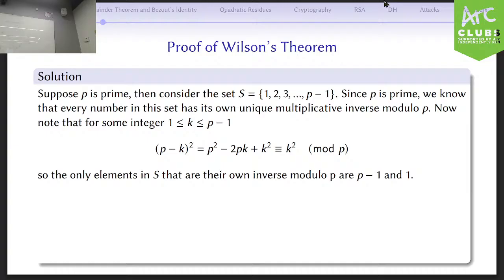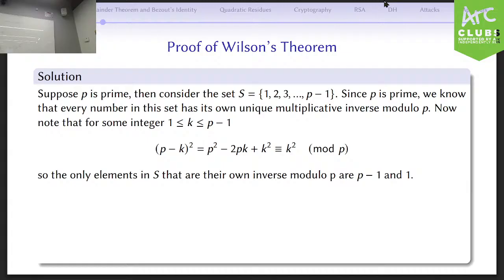This equals P squared minus 2KP plus K squared. If you take this in mod P, then this is just equivalent to K squared in mod P. That means P minus 1 squared is congruent to 1 squared in mod P, which is congruent to 1.